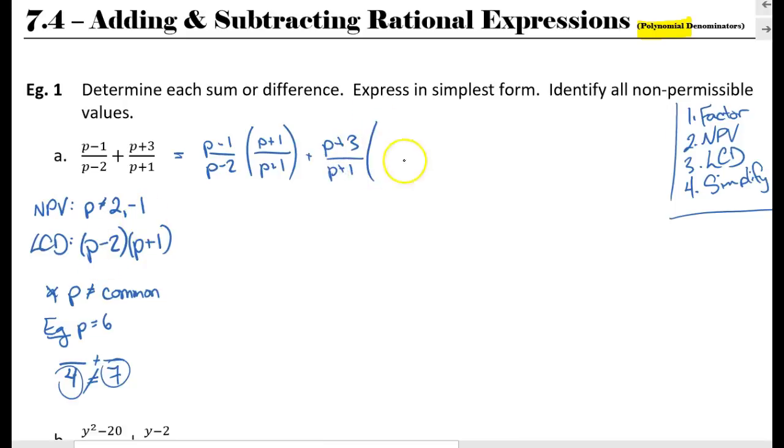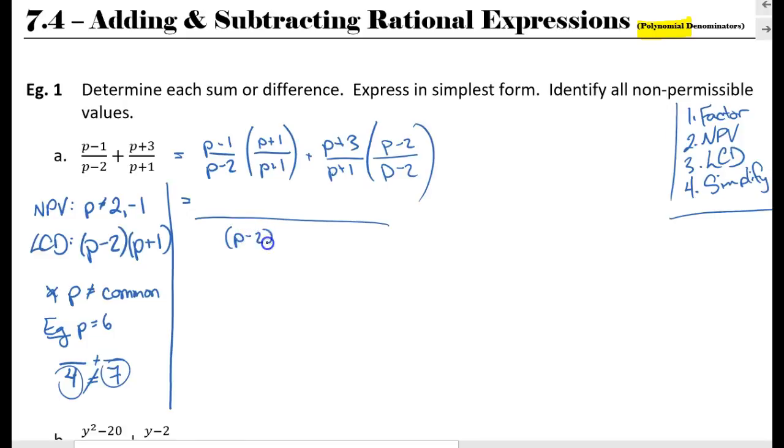I need to introduce p minus 2. I'm doing, again, multiplying by 1 in order to make this possible. So I can write this all over p minus 2, p plus 1.